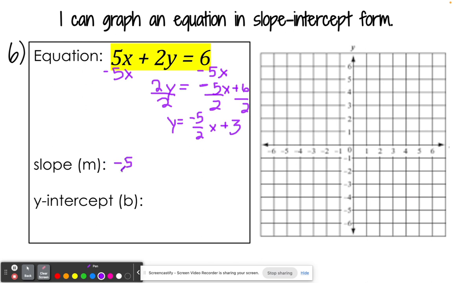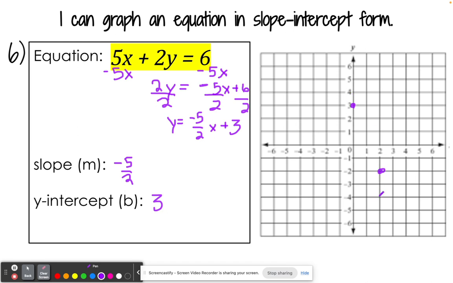So down 5, 2 to the right, or up 5, 2 to the left. My y-intercept is 3. So starting at 3, I don't think I can go up 5. It'll go off my screen. I'm going to go down 1, 2, 3, 4, 5, and go 2 to the right. 1, 2.